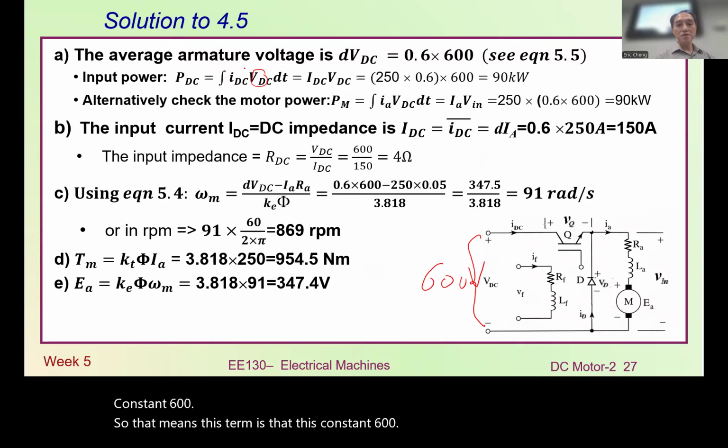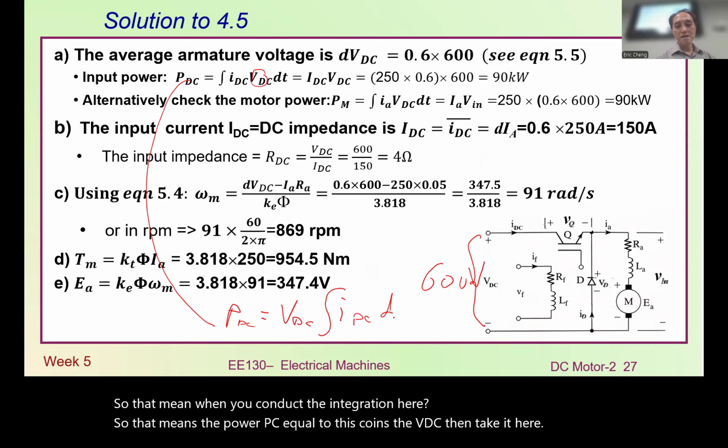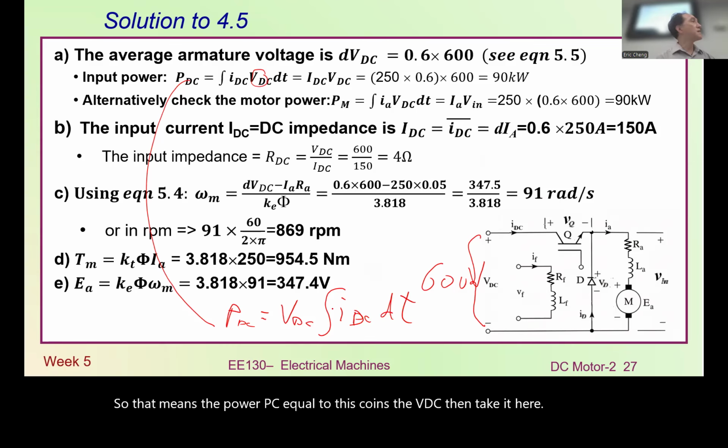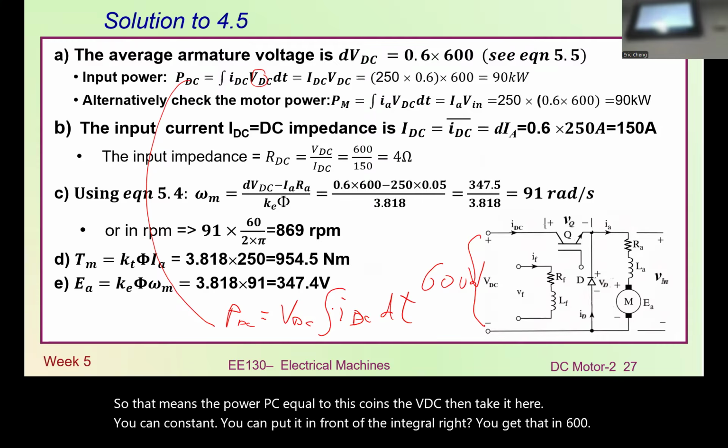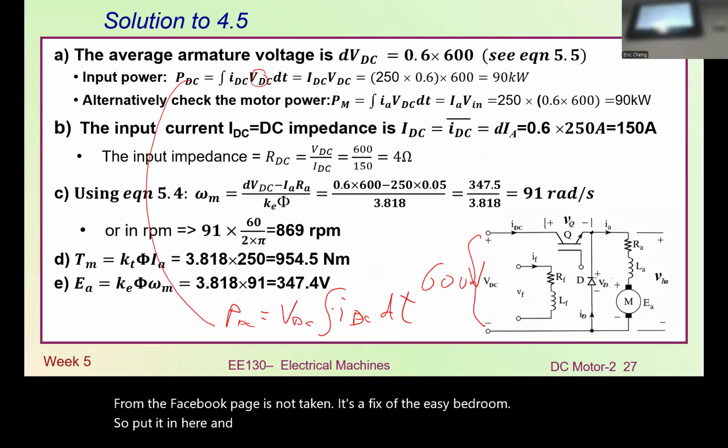When you conduct the integration here, the power equals this constant VDC, and you take it out here. Because it is constant, we can put it in front of the integral, right? You get that? It's 600. From the battery, this voltage is not changing. It is fixed from the DC battery. So put it in here, and then you only need to integrate the current.